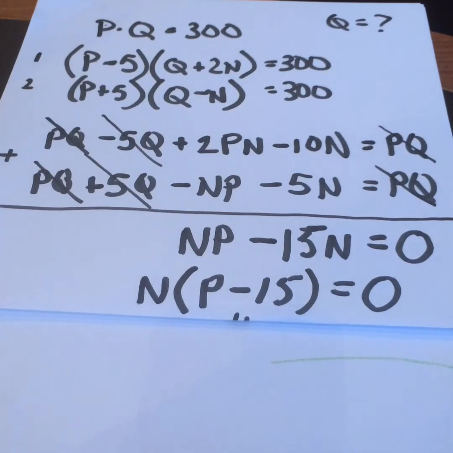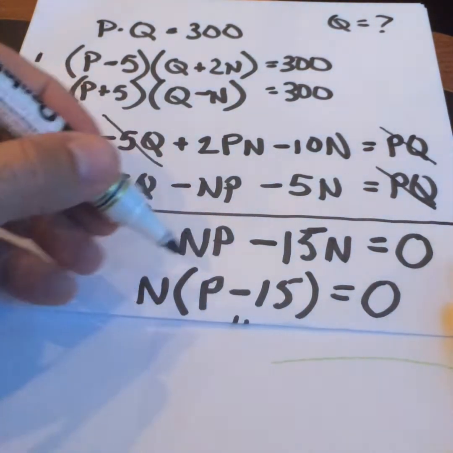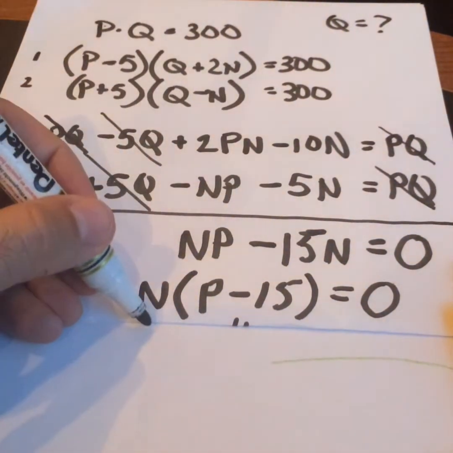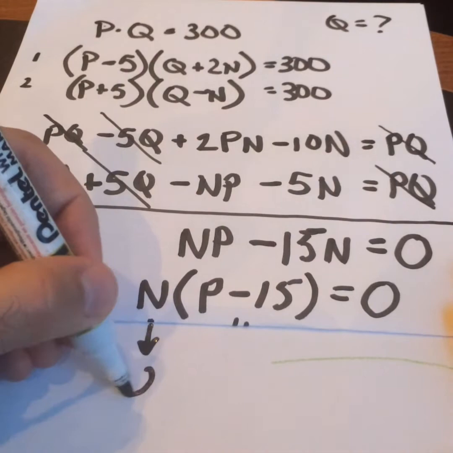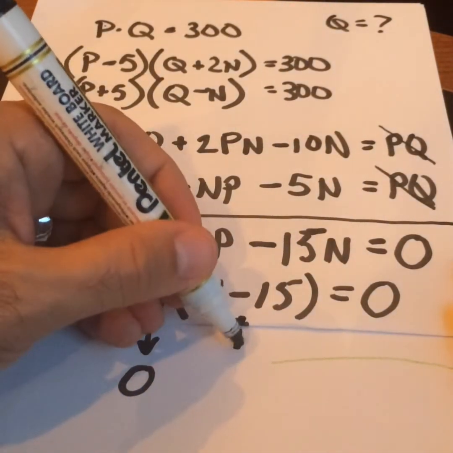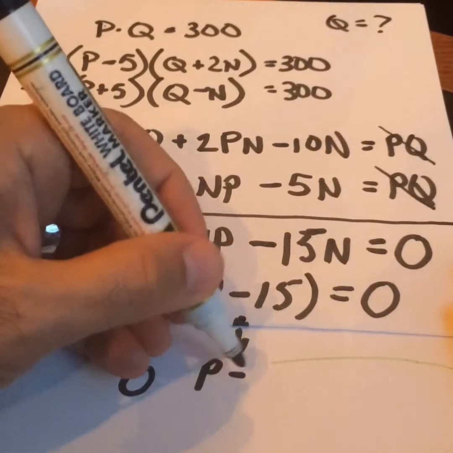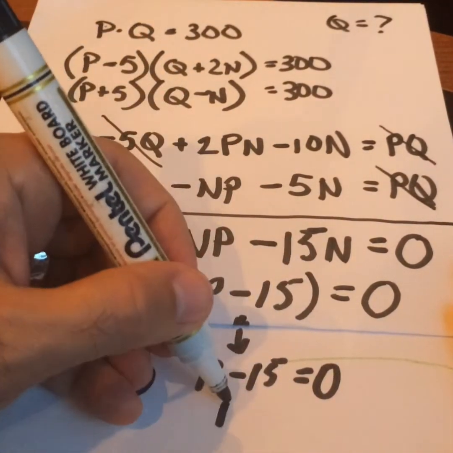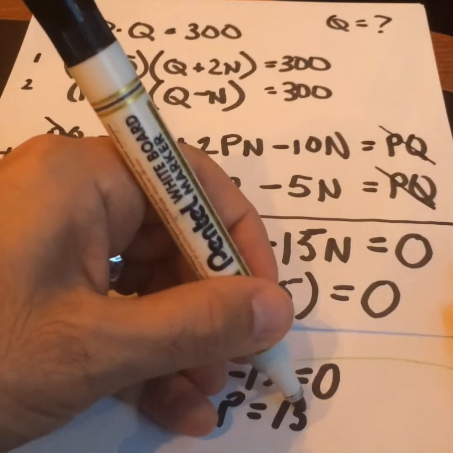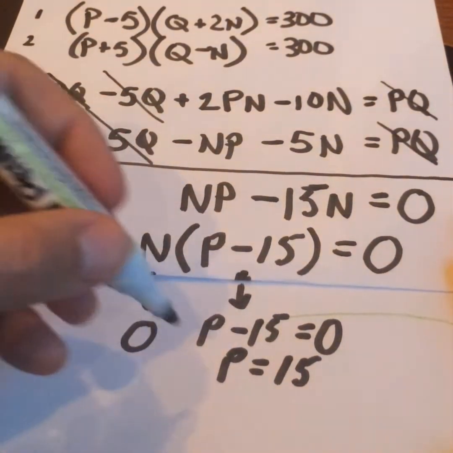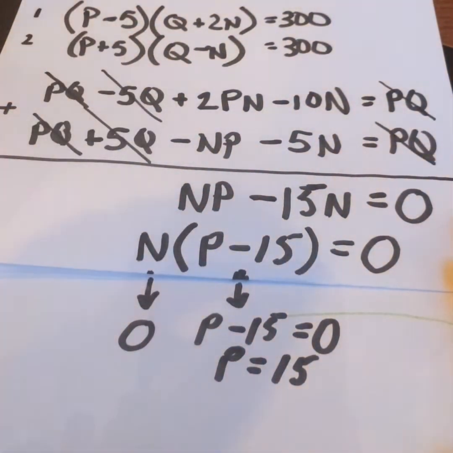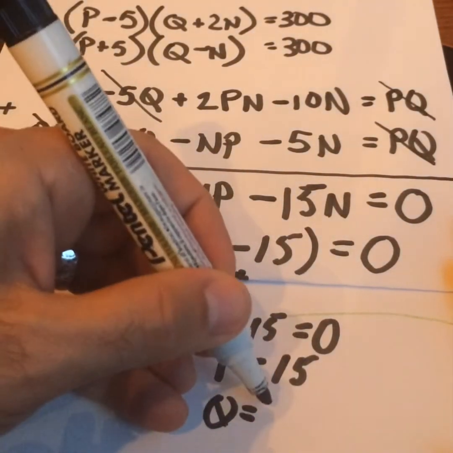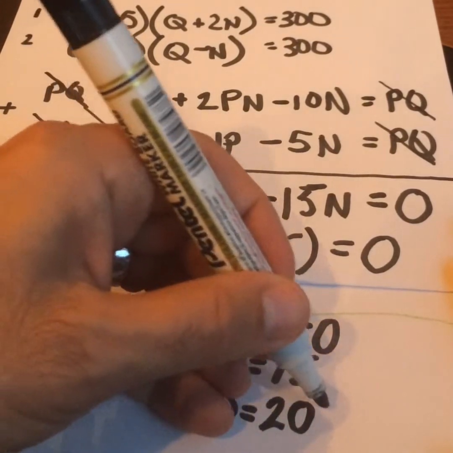In this case, we actually have two variables, one of them being N, one of them being P. So for this to hold true, either N equals 0 or P minus 15 equals 0, which means P equals 15. And if P was to equal 15, remembering that PQ equals 300, Q would have to be 20.